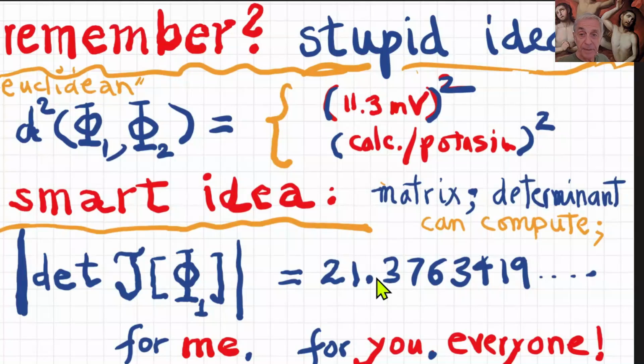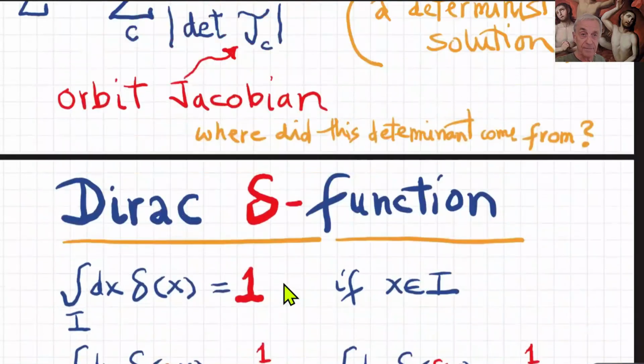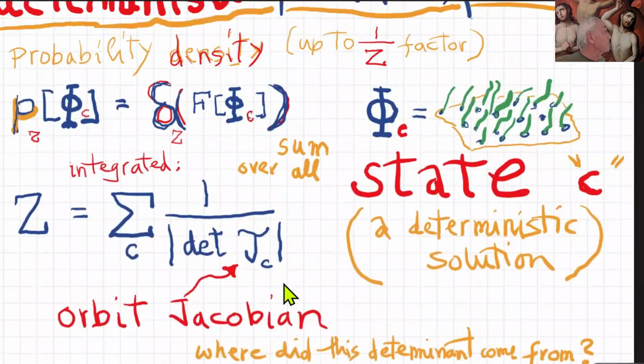So that was stupid, but this determinant, this weight that shows up here, has a magic property. It's a ratio of, let's say, cow over cow, so it's dimensionless.